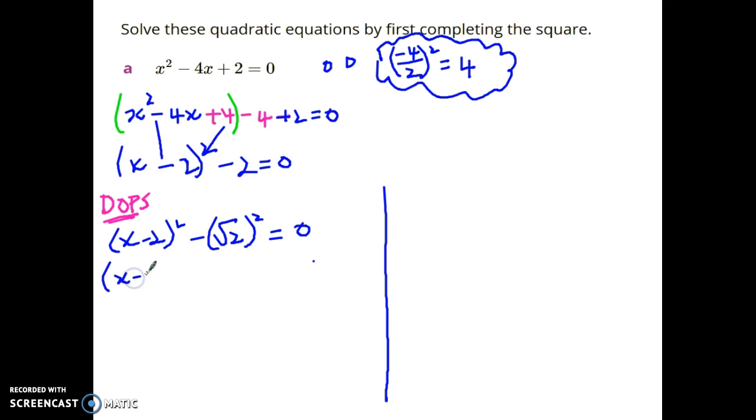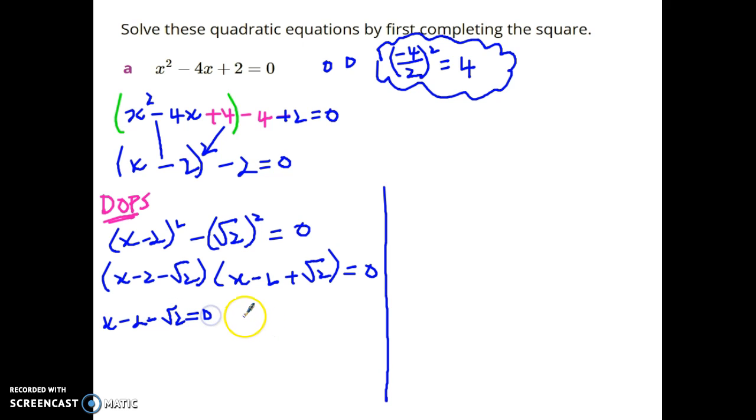Factorise that, x minus 2 minus root 2, x minus 2 plus root 2, and then use the null factor law. I know that either x minus 2 minus root 2 equals 0, or this right bracket x minus 2 plus root 2 equals 0. Then I would need to solve each one of those.